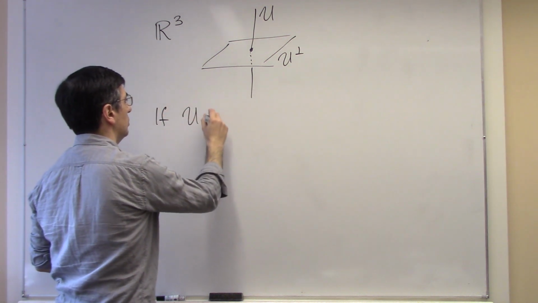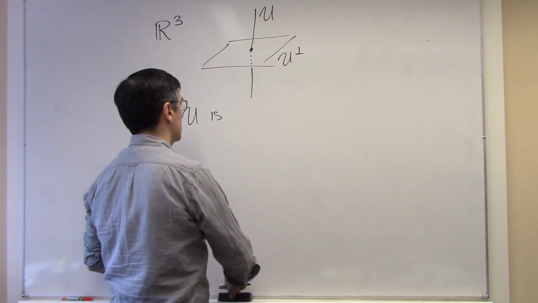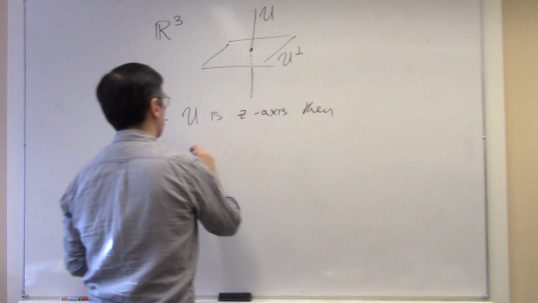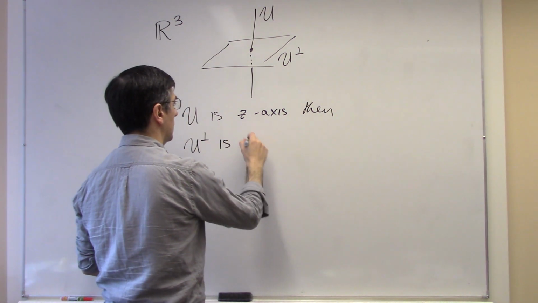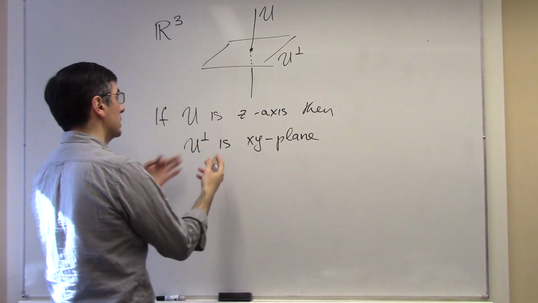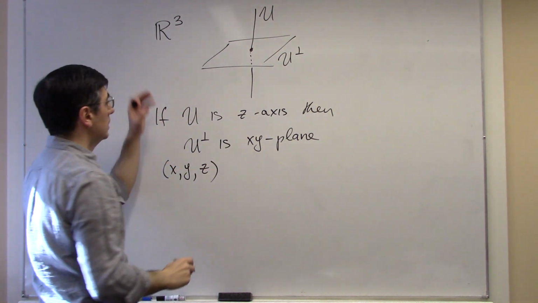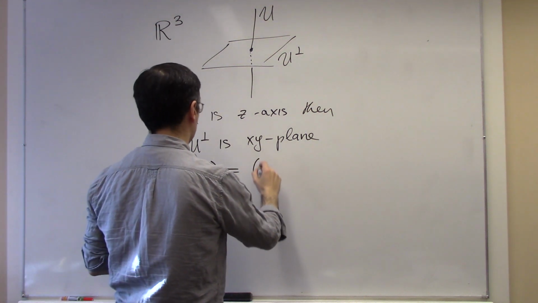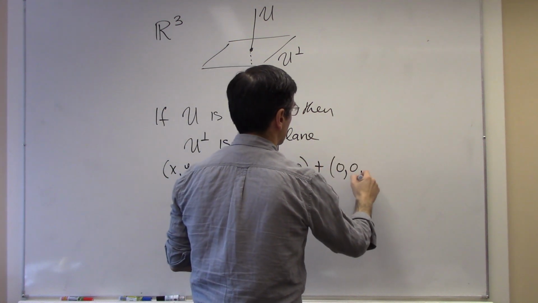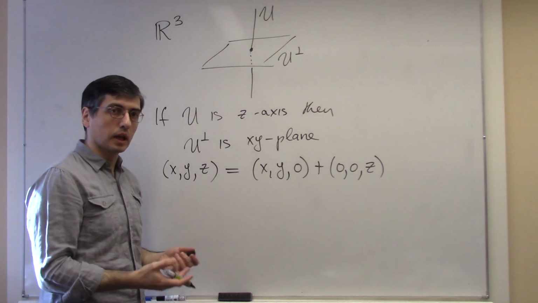If U is the z line, z axis, then perp is the xy plane, and simply what the statement of this theorem says is that if you have a vector in R3, you can uniquely write it as (x, y, 0) plus (0, 0, z), which now is clear, right?